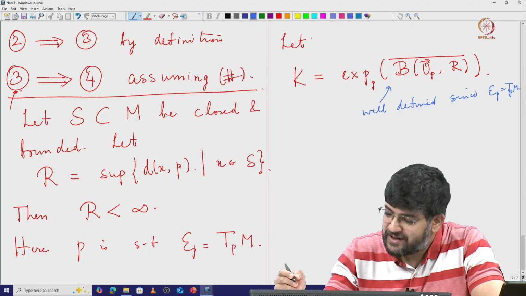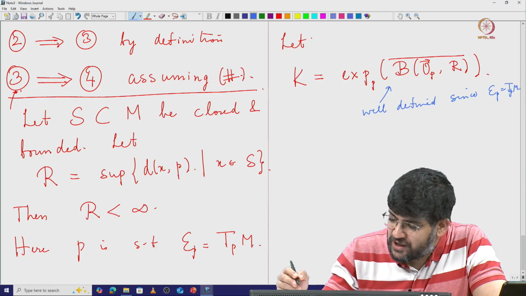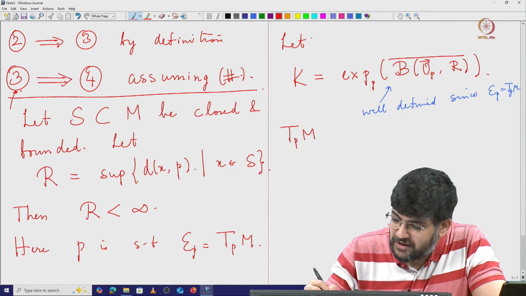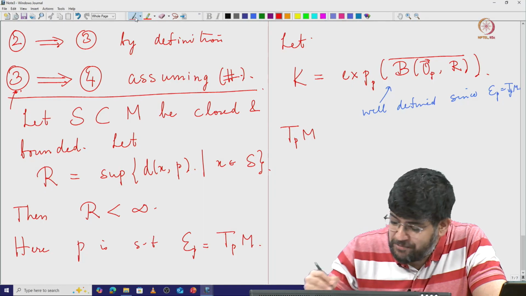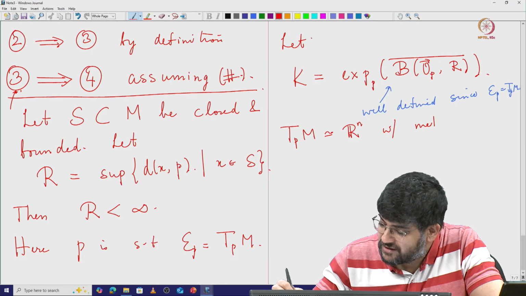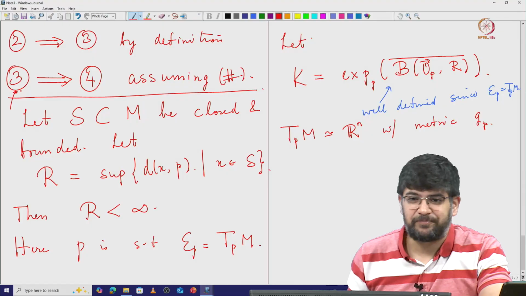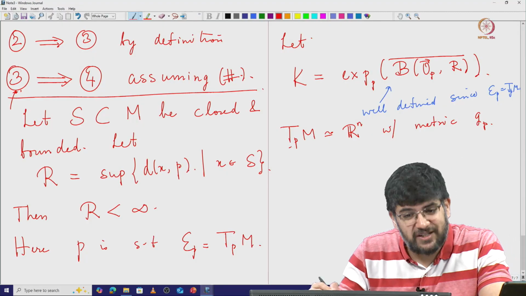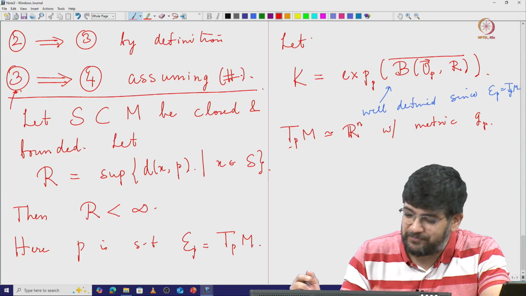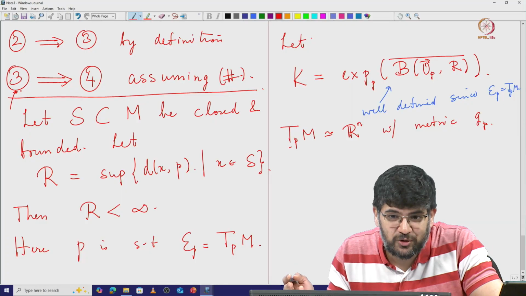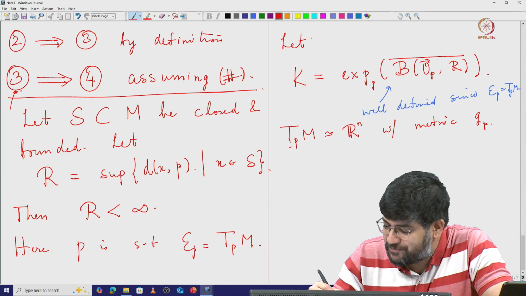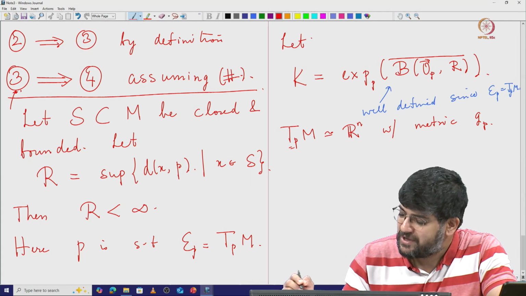Also, TPM is basically just Rn with the metric GP, right. Then by choosing an orthonormal basis for TPM, you can say that TPM is in fact isometric to Rn with the usual metric.